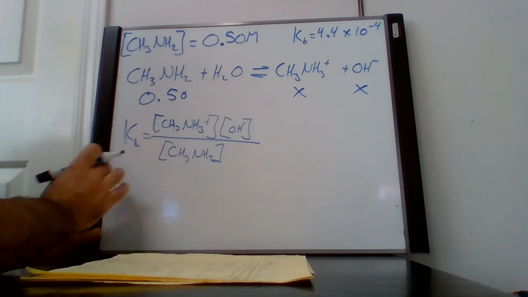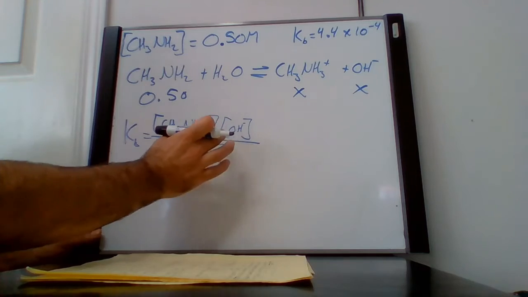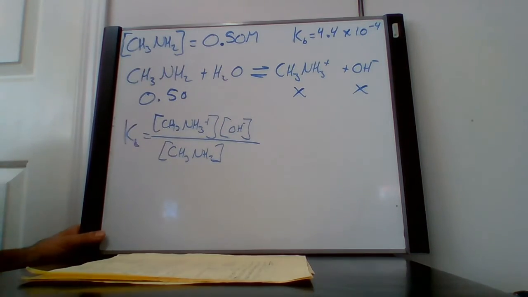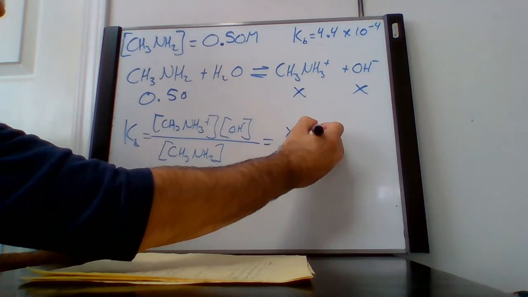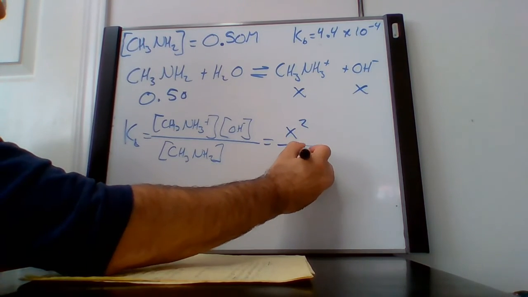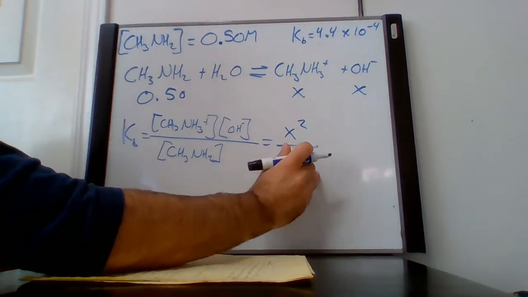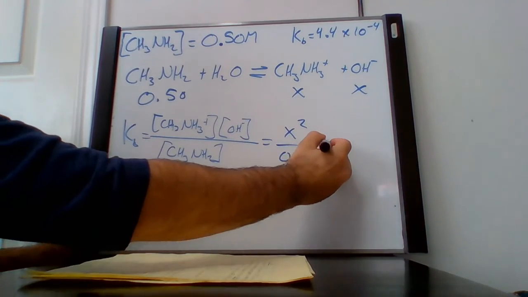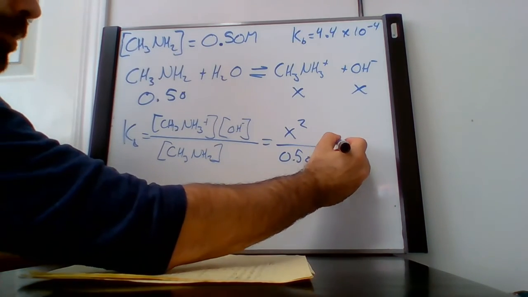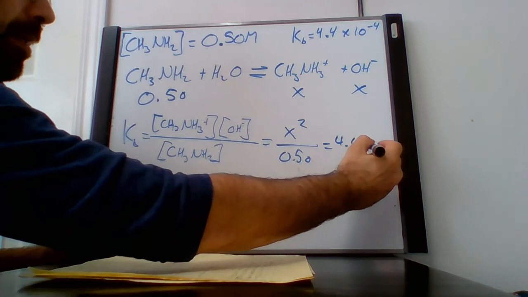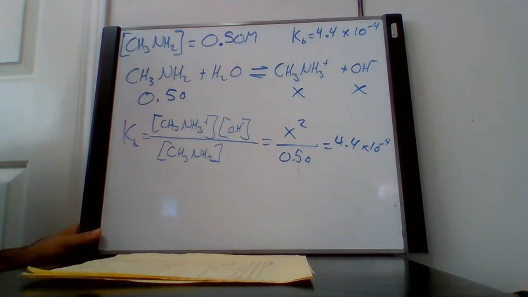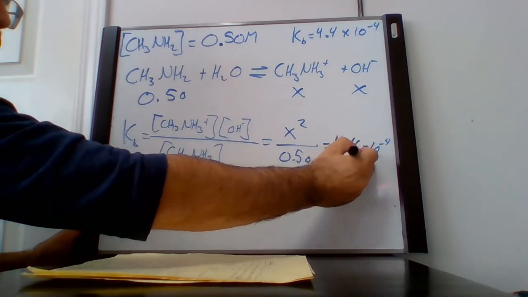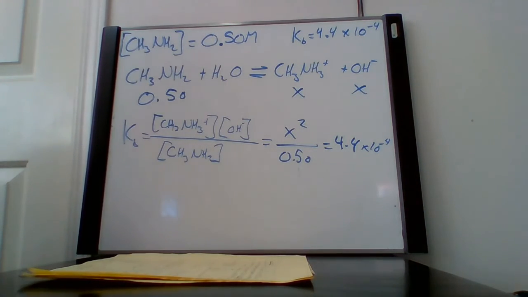Okay, well, we have these two concentrations and we have this concentration. So this would be then x squared over 0.50 equals our KB value of 4.4 times 10 to the negative 4.